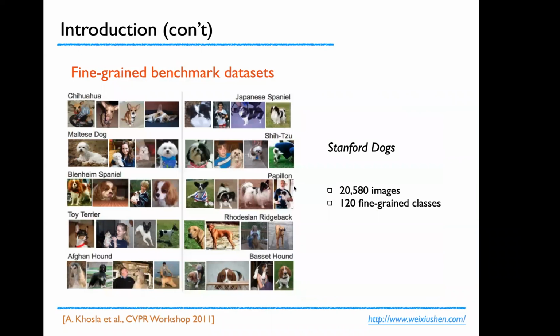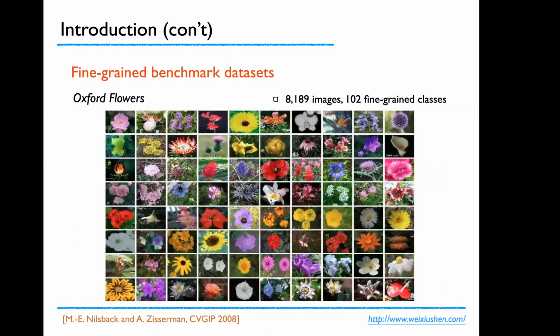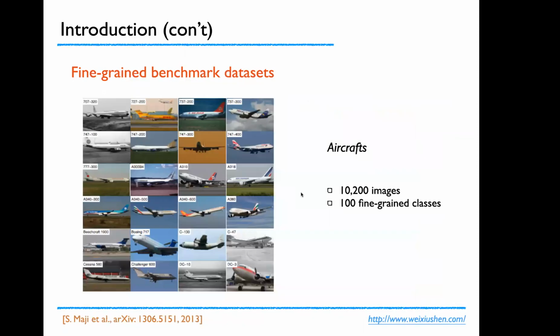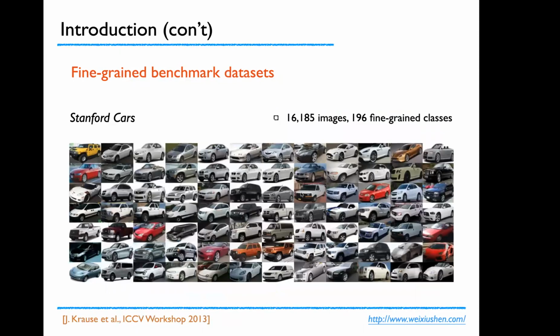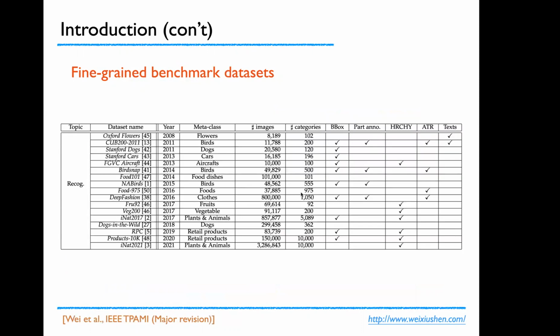In addition, other famous fine-grained datasets include Stanford Dogs, which contains 120 fine-grained classes and about 20,000 images. And Oxford Flowers has 102 classes and 8,000 images of flowers, and the others are aircraft and cars and so on.